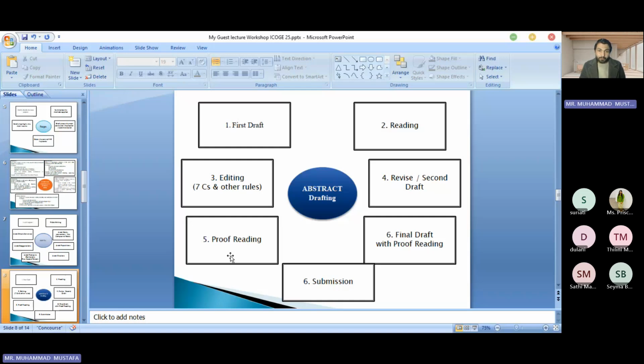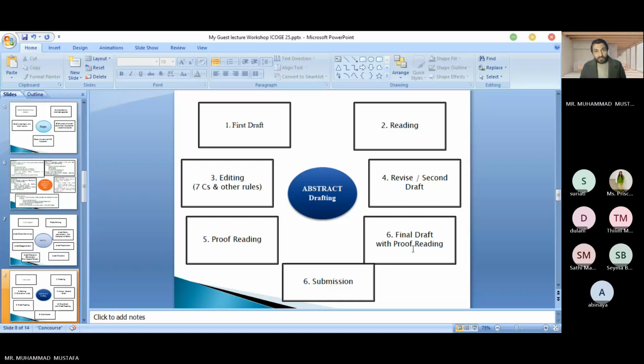So proofreading is very important. After proofreading, now you may have your final draft in your hand, and after the final draft you may go through it again and proofread it again.